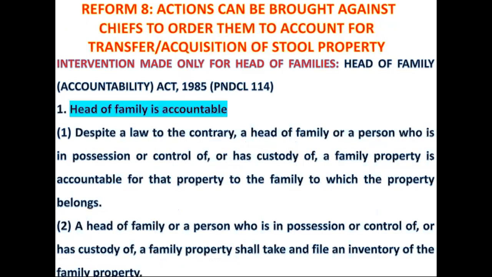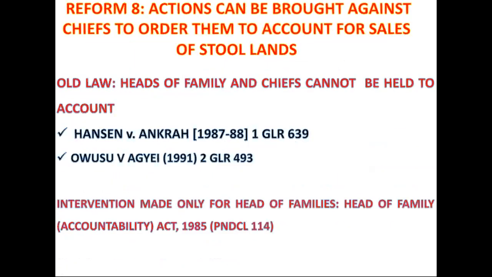So you see that this Head of Family Accountability Act of 1985, PNDC Law 114, was passed to cure the defects which were manifest from the case of Hansen and Ankara.